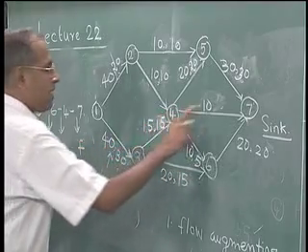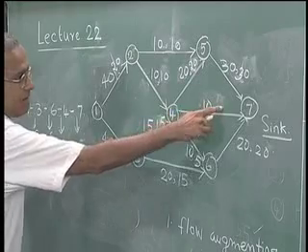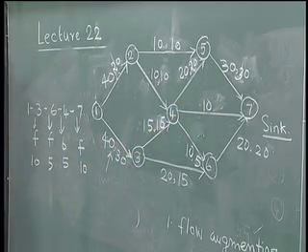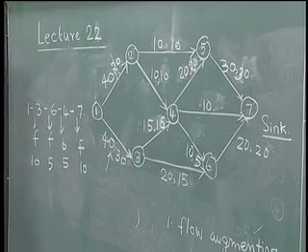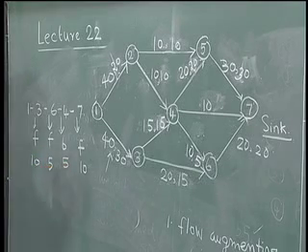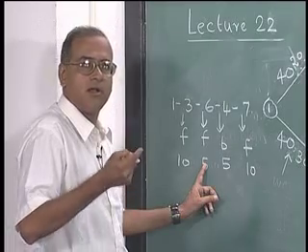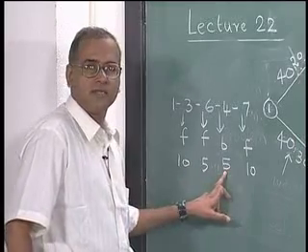Now we again go back to 4 7. 4 7 is a forward arc, there is capacity of 10, flow of 0, so there is a 10 that is possible. Now look at the minimum of these numbers. Minimum is 5. Now this 5 is the minimum of the additional possible flows in the forward arc and the actual flows in the backward arc.